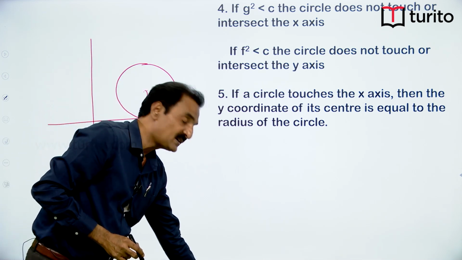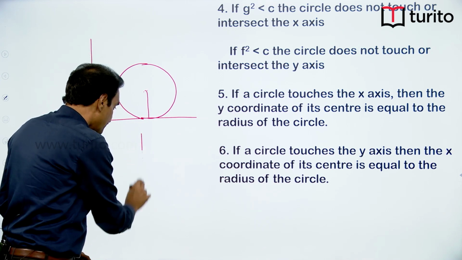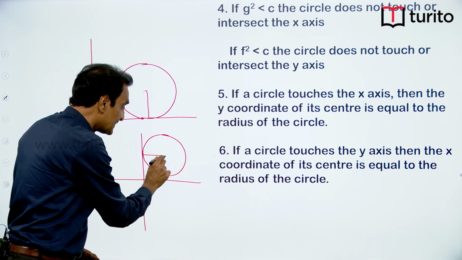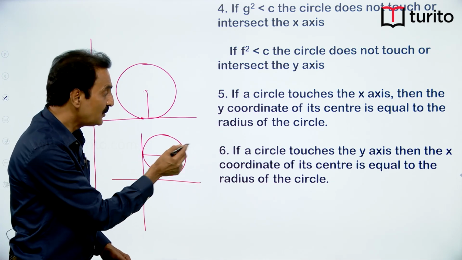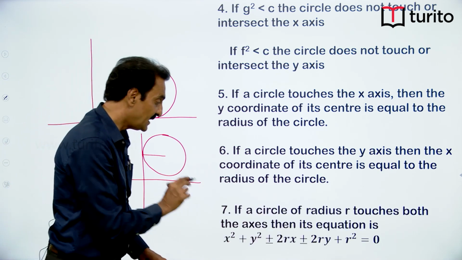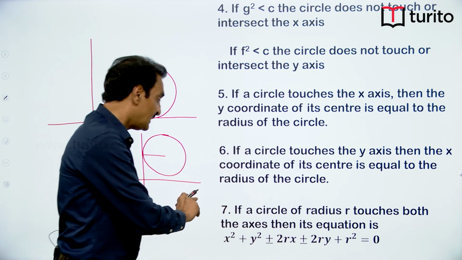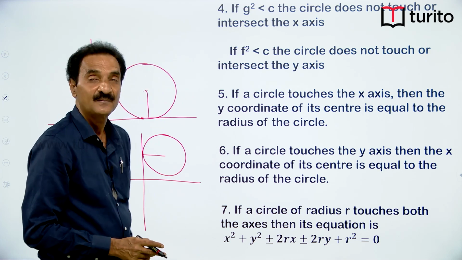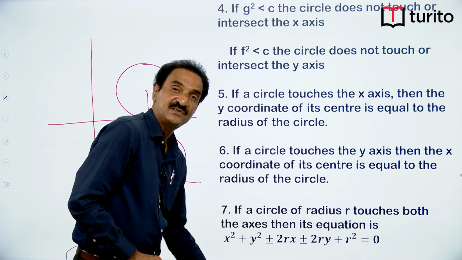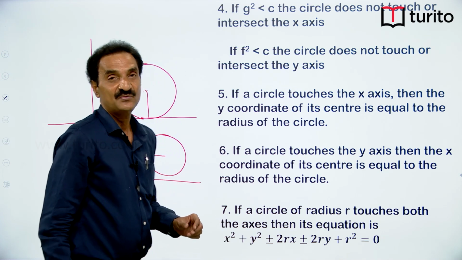Similarly, if a circle touches the y axis, then the x coordinate of the center will be equal to the radius of the circle. Next, this is very important. Suppose a circle of radius r touches both the axes, then the equation of the circle is x square plus y square plus or minus 2rx plus or minus 2ry plus r square is equal to 0.